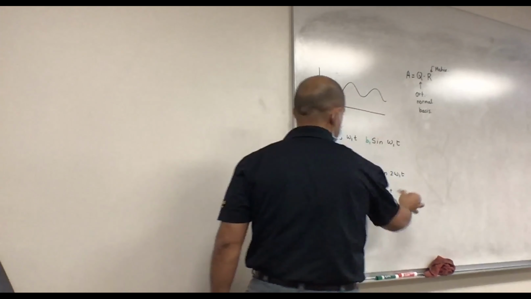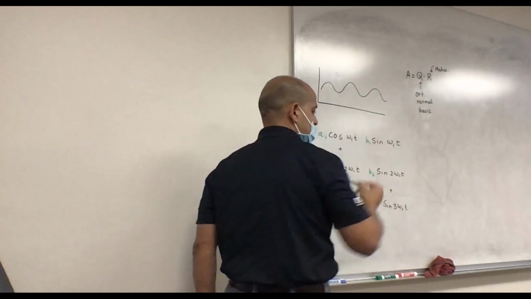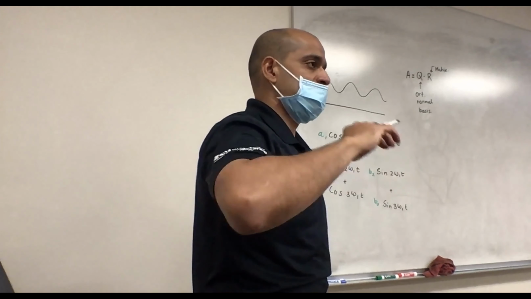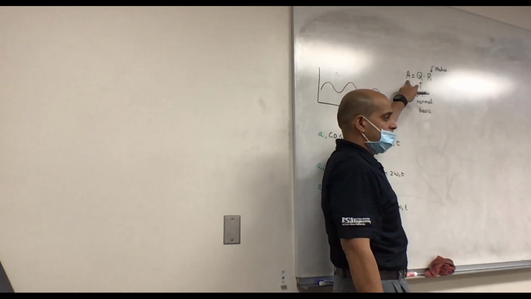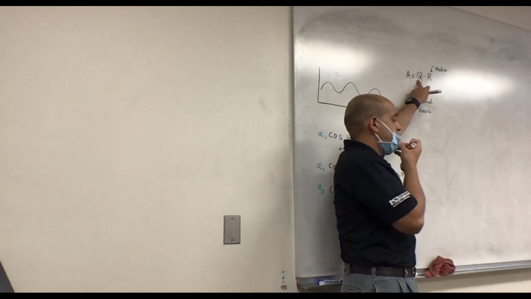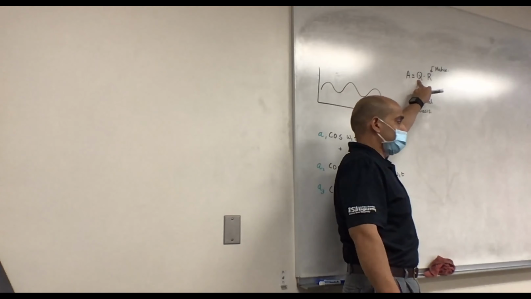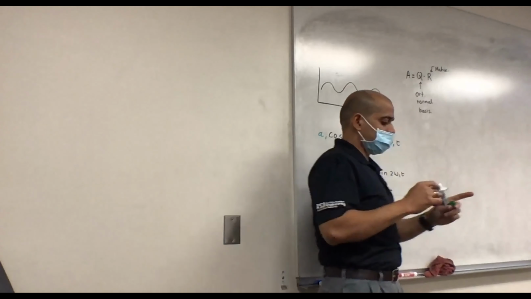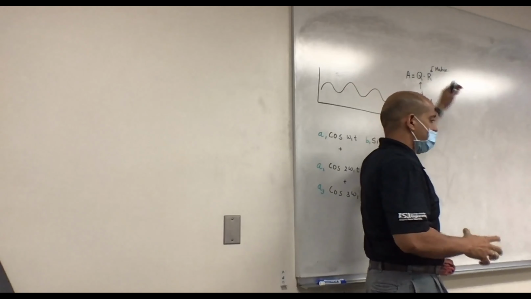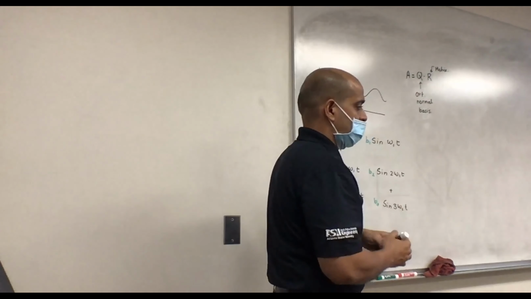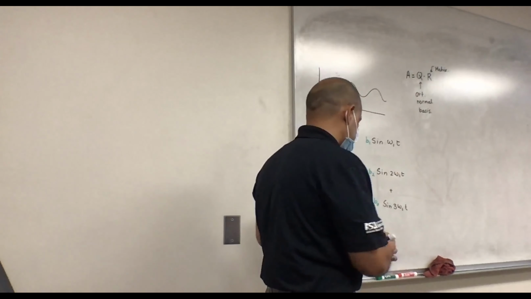Once you add these together, you get this periodic signal, which is exactly similar to having a matrix and decomposing it into an orthonormal basis multiplied by some weights. The only thing is these weights are stacked in the form of a matrix.